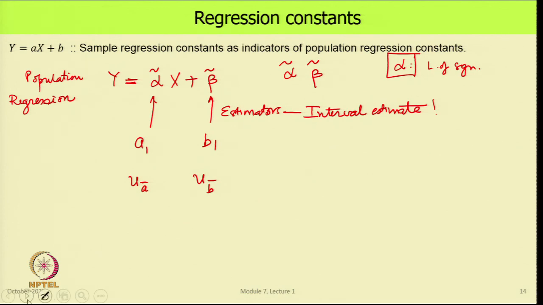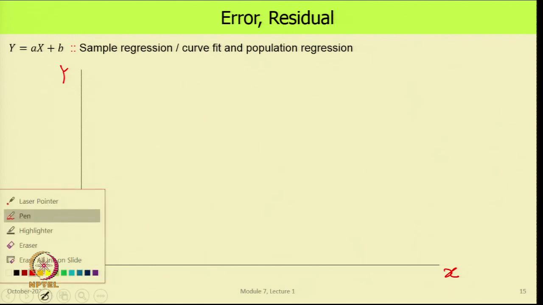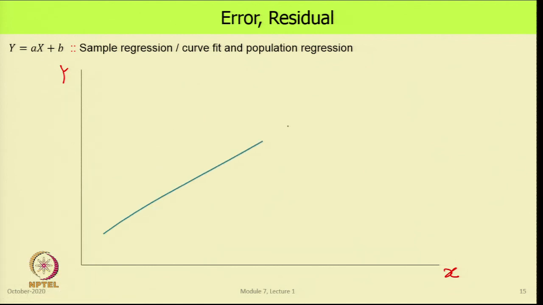And finally, we will define one more term and then we will stop, which is error and the residual. So, we are plotting here y, this side is x, and from the discussion that we just had, we can now make two lines. One is this one, which we will call the sample regression, which we will denote as y hat, the sample regression predicted value.